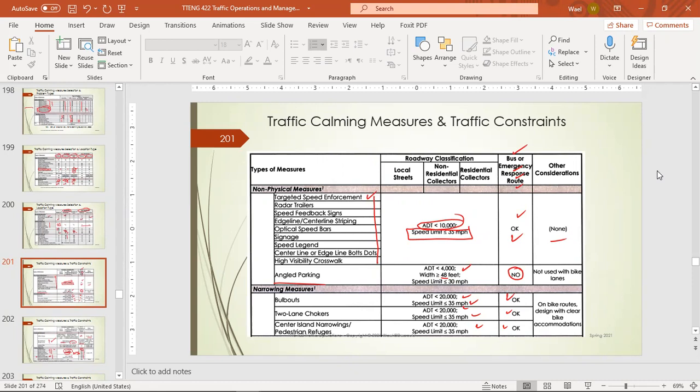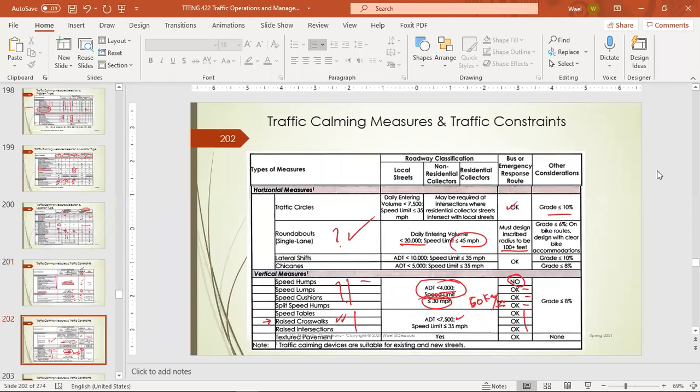That means you cannot just use it and implement it. No, we have to pay attention to the average daily traffic volume of that segment and the speed limit, and take into consideration other factors like bus or emergency response route and other considerations that are going to be listed in this column. I'm going to make a copy of this and send it to you, and send you a homework, case studies, in which you will decide which traffic measure you can use to solve the problem.